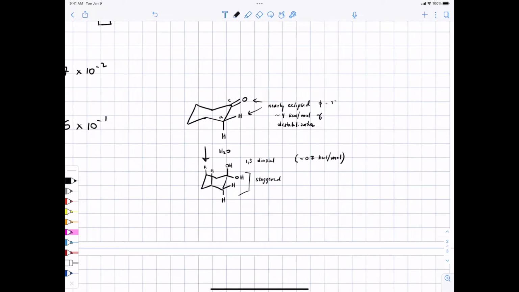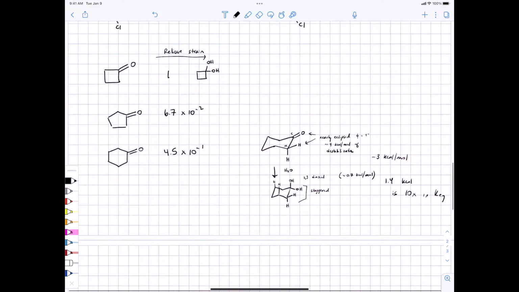Overall, if we estimate the difference in free energy between these two states as being around minus 3 kilocalories per mole. Remember that at room temperature, 1.4 kilocalories per mole is a factor of 10 in equilibrium constant.